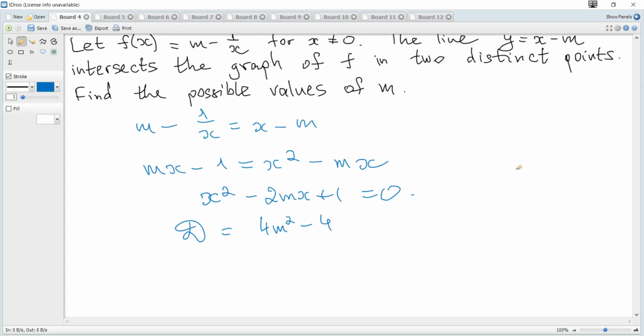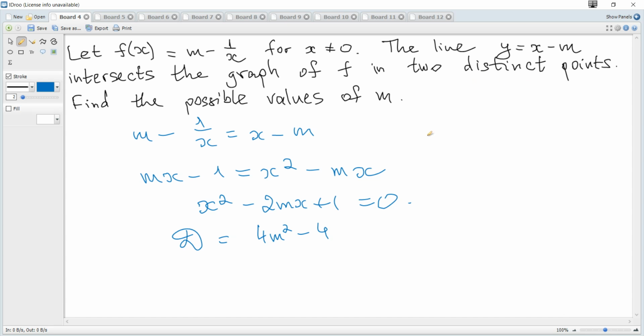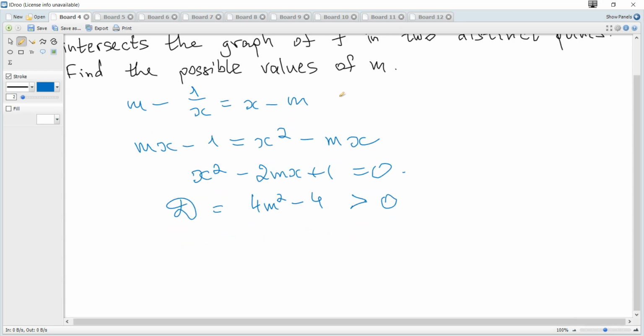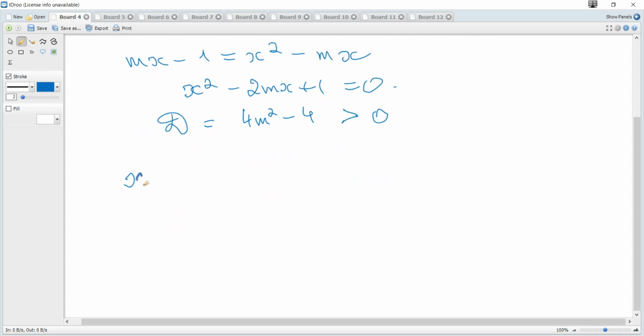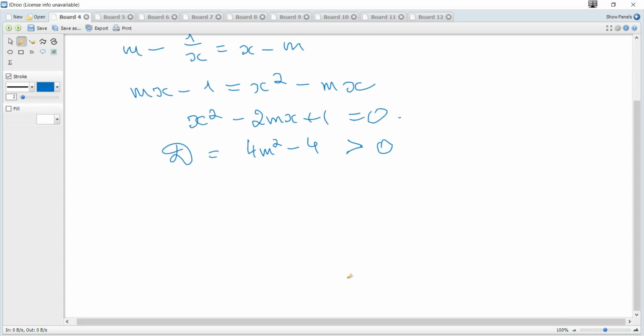And there must be two distinct points. So there must be two distinct roots, and it means that the discriminant must be greater than 0. Why? Because if you try to find roots, x values become minus b plus minus root of d, and when the discriminant is greater than 0, you get two different values for x, and hence two roots.